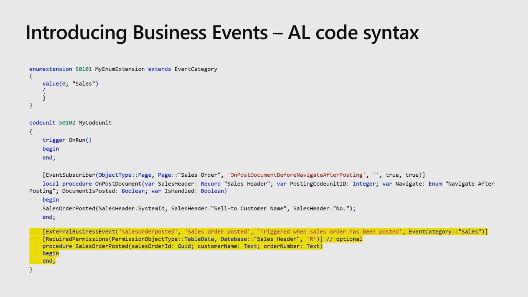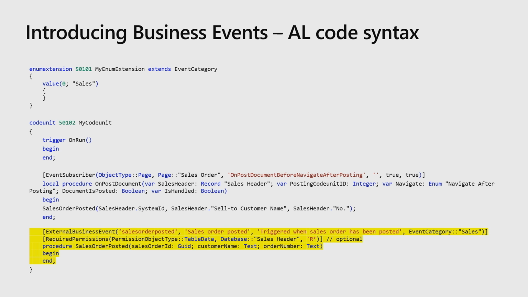And then in your codeunit, within your extension or within the Business Central base app, where you want to raise an event, you will need to subscribe to an internal AL event, such that when the event happens, for example, in this case, I'm subscribing to the on-posting document event that will occur in the sales order page. When I subscribe to it, I will call my definition of business event that will essentially translate the internal event into an external event.